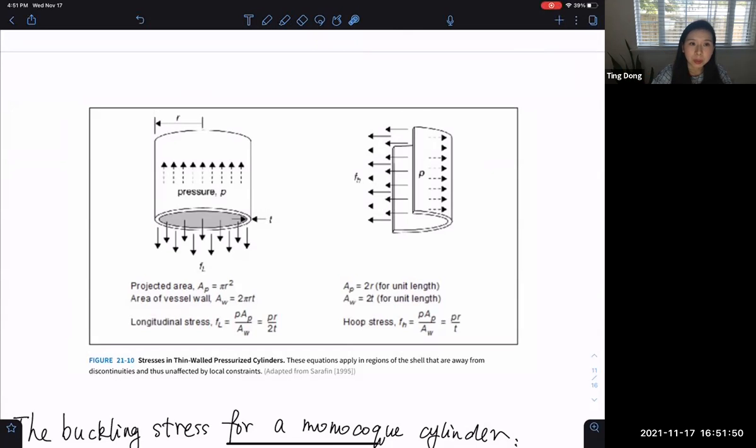And if you want to use software, any software you want, Abaqus, ANSYS, SolidWorks can also do the stress analysis. It's also okay, but make sure that the result generated from the software is reasonable.